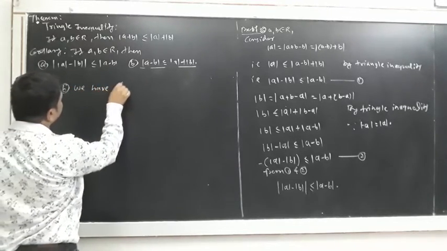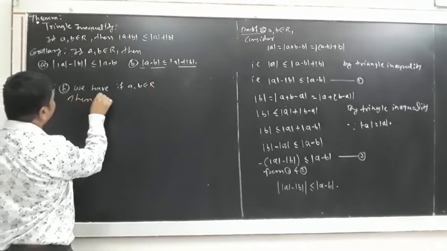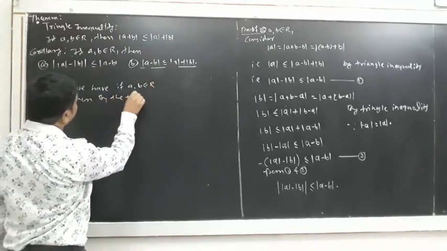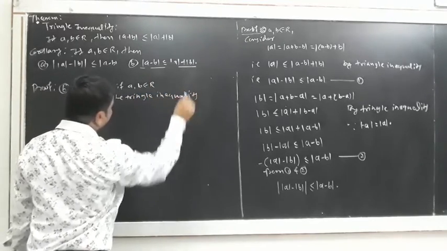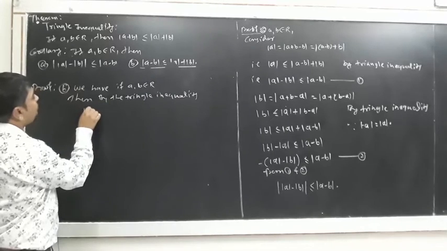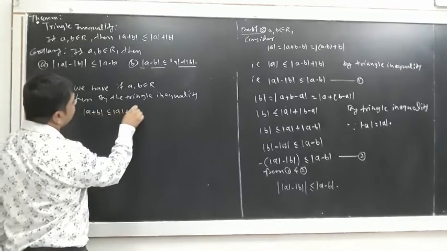If a and b belong to R, then by the triangle inequality, what is the triangle inequality? |a + b| is less than or equal to |a| + |b|.